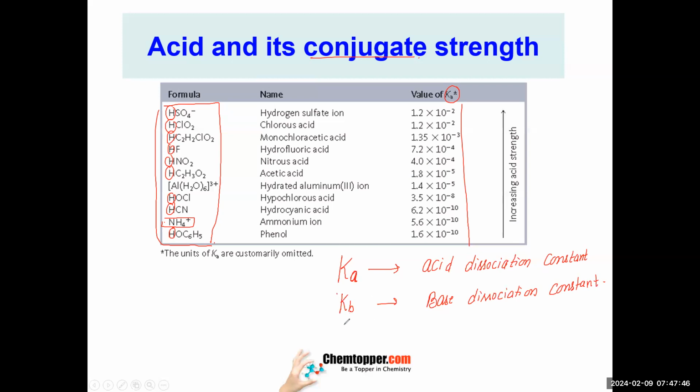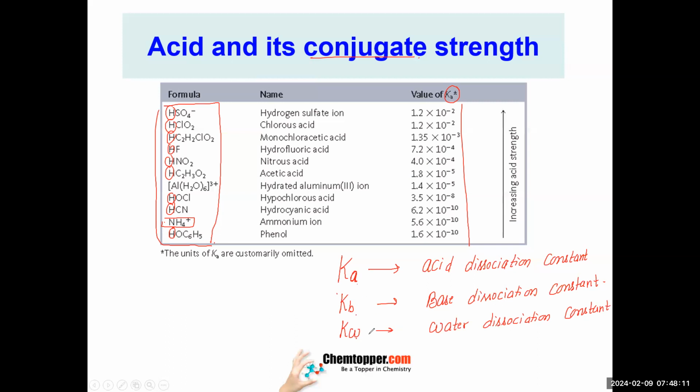And then if it is Kw, what is it called? W means water. Water dissociation constant. They all are equilibrium constants, but for a particular compound. If it is acid, you call it Ka. If it is base, you call it Kb.